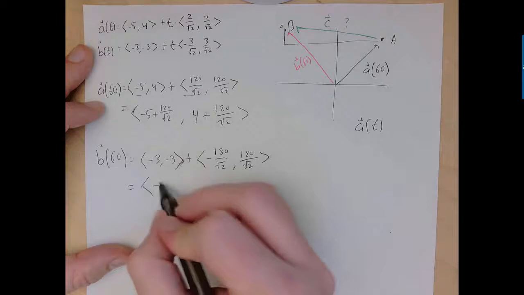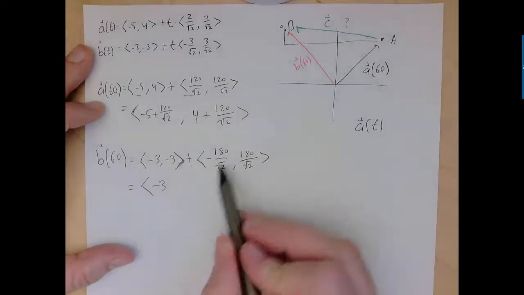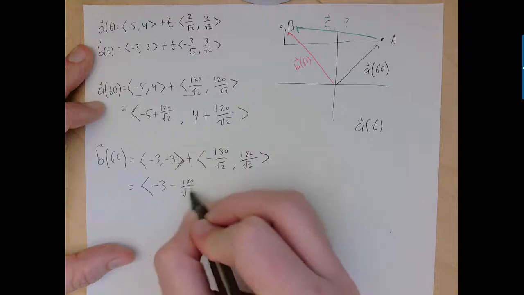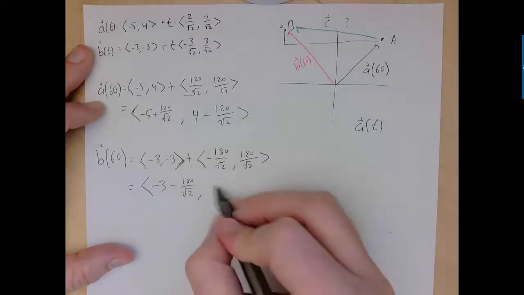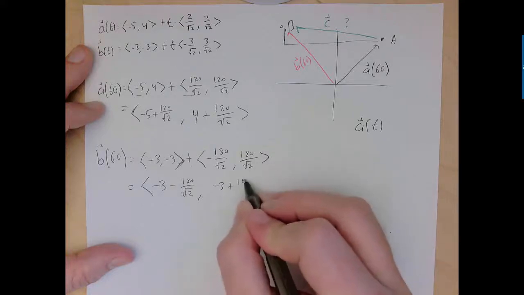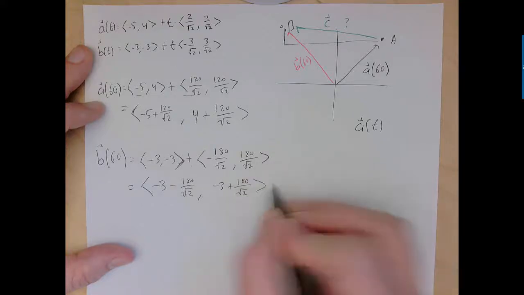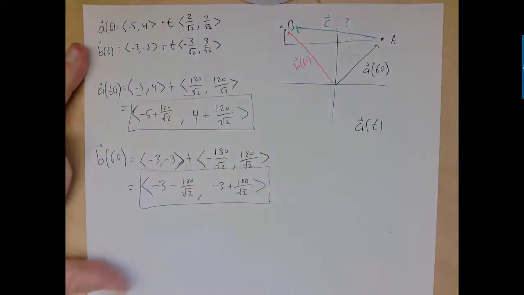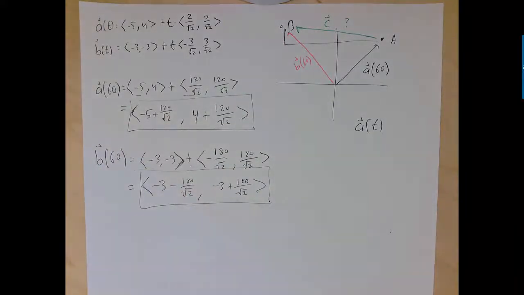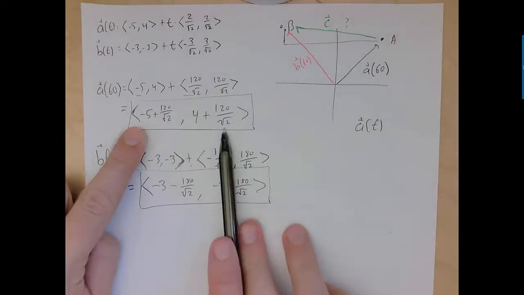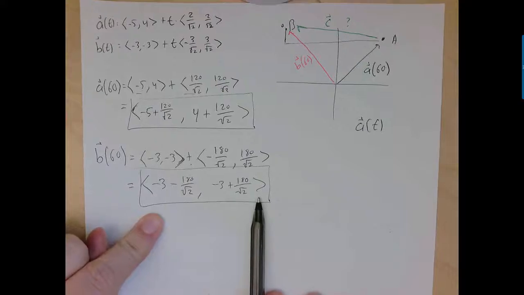So the x component is -3 plus -180 over root 2. For the y component, -3 plus 180 over root 2. All right, so there's a lot of writing, but conceptually we're not doing anything complicated. So we've got an x position and a y position, an x position and a y position.